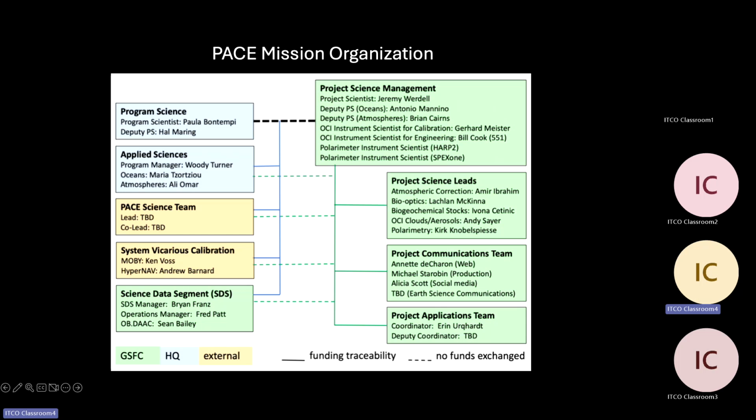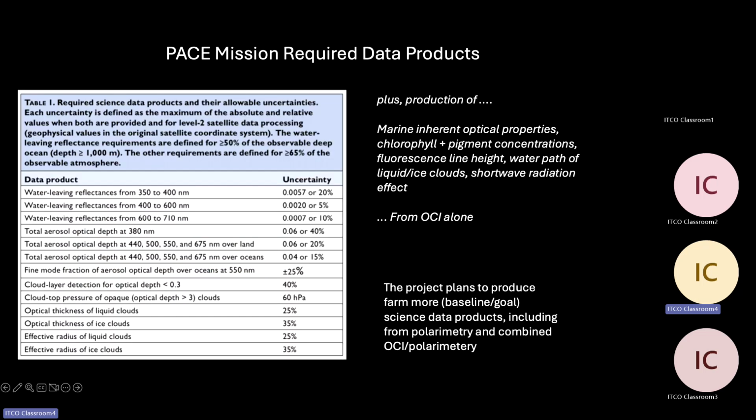Embedded within Goddard, we also have what's called the science data segment. That's the group responsible for bringing the data down, processing it, generating the products, and serving them out. Most of the green boxes are within the NASA Ocean Ecology Lab. The yellow boxes are external, and the blue ones are at NASA headquarters, the programmatic level.